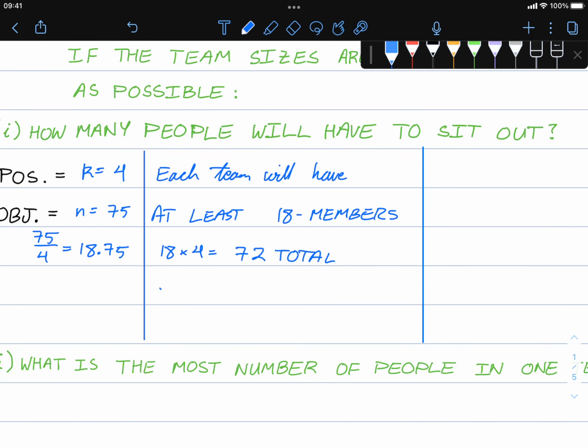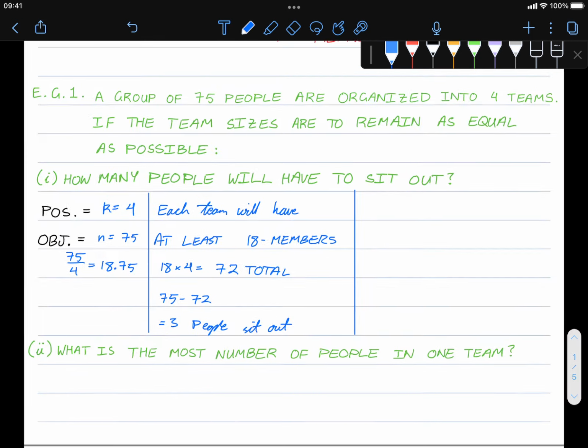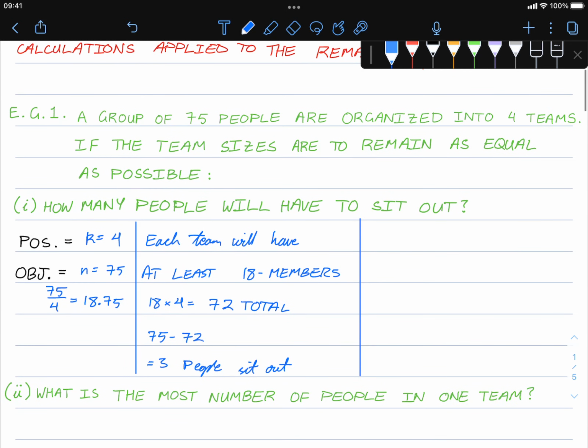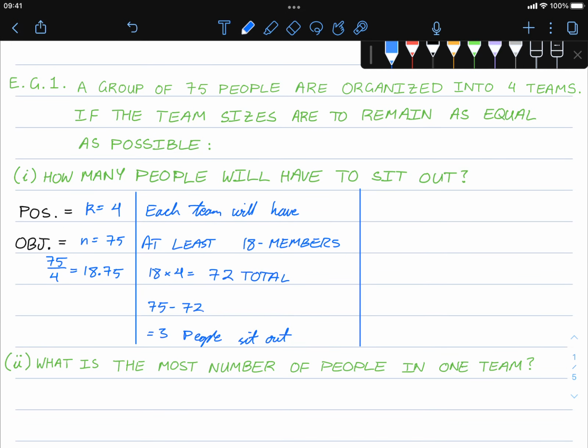That means 75 take away 72 equals 3. So 3 people sit out, because 3 people cannot be placed into any team, because then it will no longer be as equal as possible.